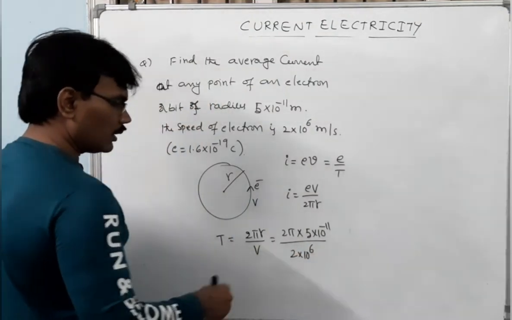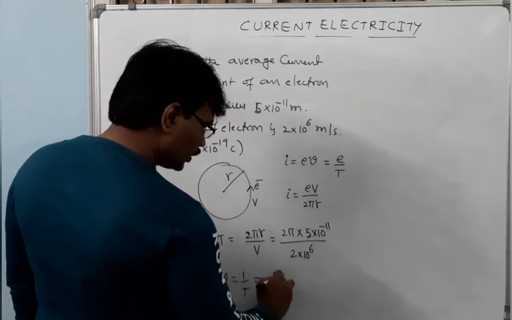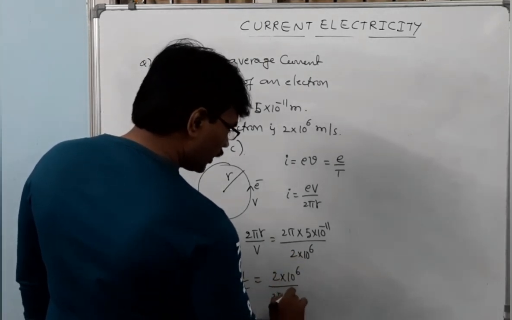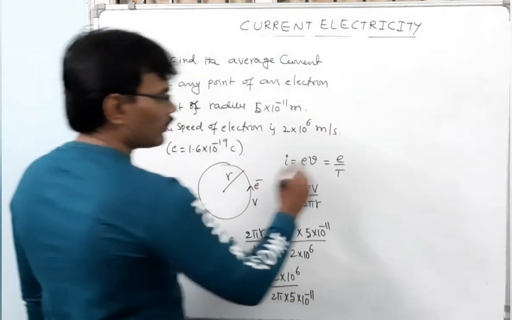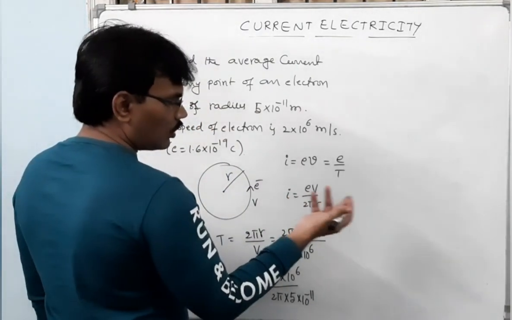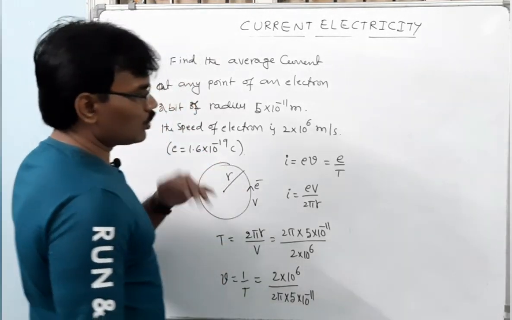This is the time period. Now frequency is 1 by time period, the reverse: 2 into 10 power 6 divided by 2 pi into 5 into 10 power minus 11. So this is the frequency. You can directly substitute the speed and radius values, or otherwise substitute here. Depending on the data you can choose the formula.